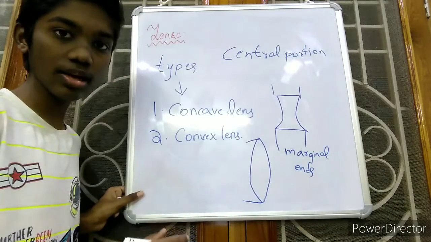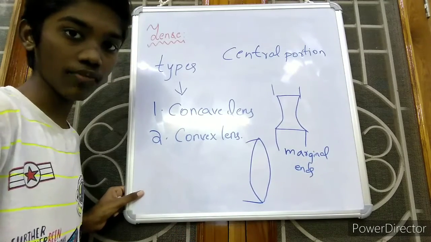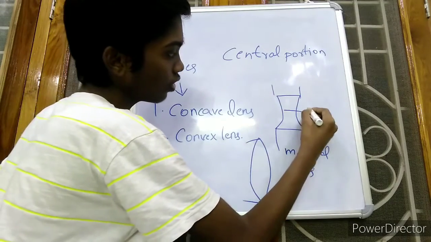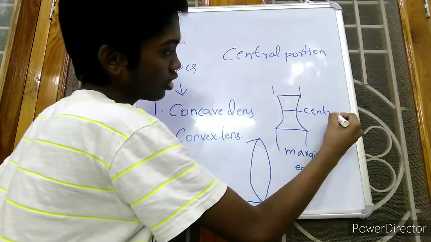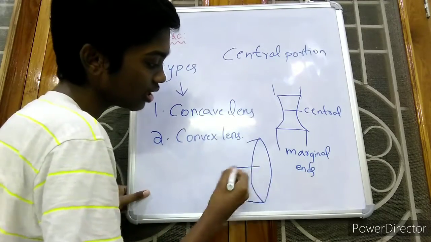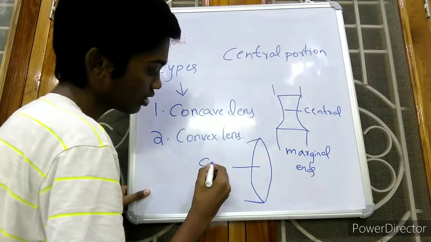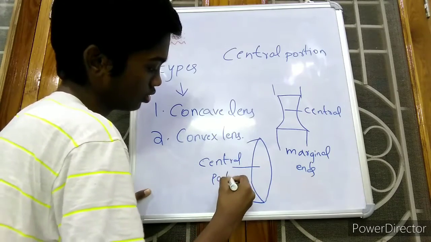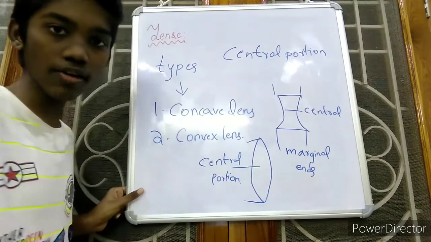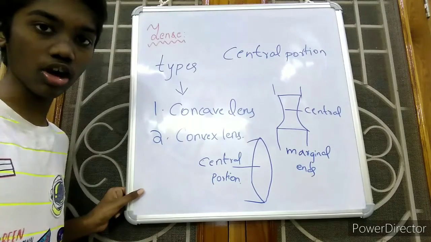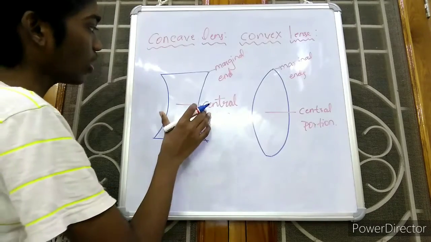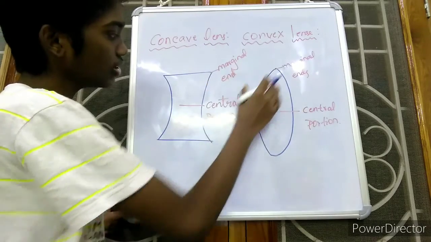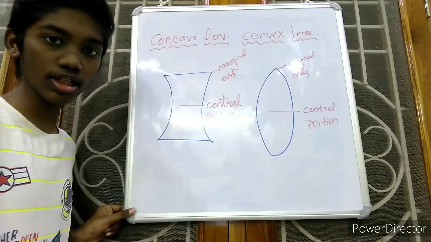The exact center part of the lens is called the central portion. So this is the central portion of the concave lens, and this is the central portion of the convex lens. Now I will give you the definitions of both. I have labeled both the marginal ends and the central portion of both lenses.